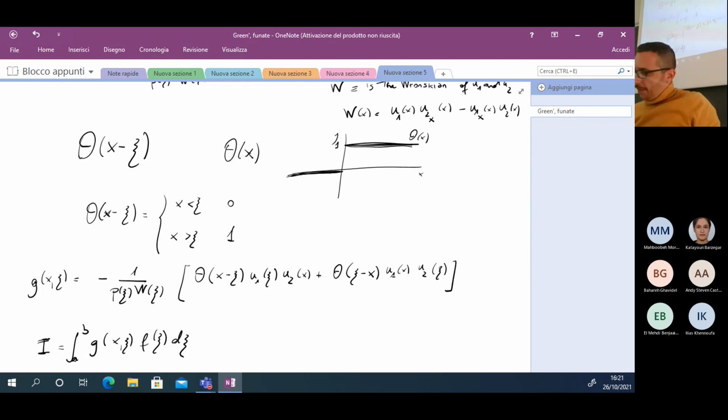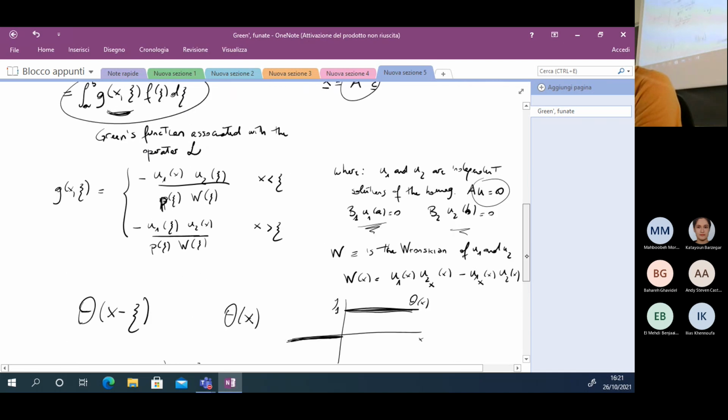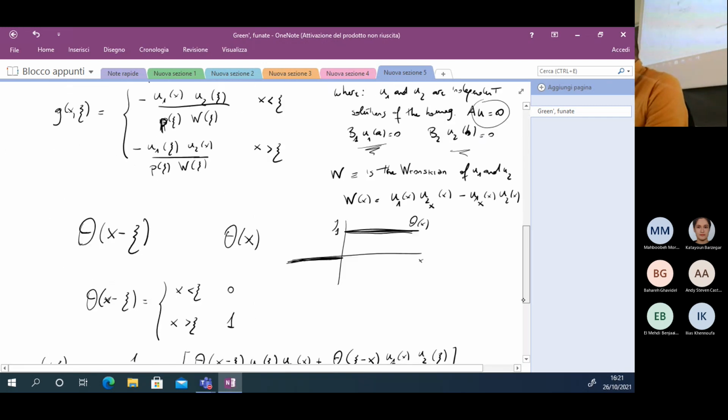So we want to prove that this thing plus boundary conditions are fulfilled. You see, if I'm able to prove this, it means that capital I is the solution of this thing here. Okay? So I'm writing capital I.